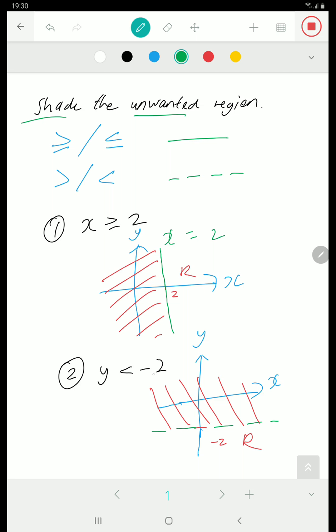Next, y less than -2, the same thing, you draw the straight line. I mean y equal to -2, but this one because it is less than is the dotted line, so I put the dotted line here. And then less than supposed to be below, so below will be the R region. So on top is the part where I shade it. Okay, done. Next, proceed.